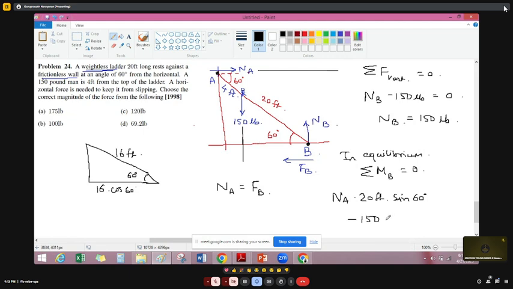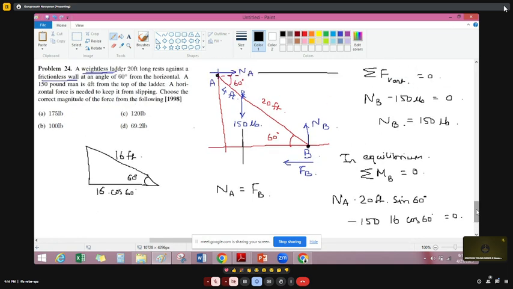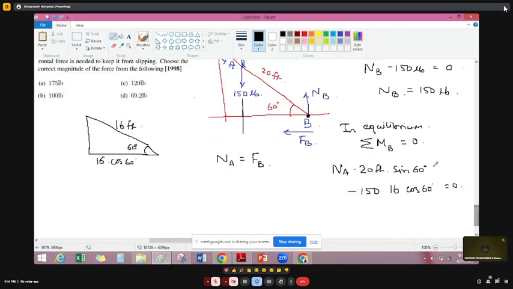So 150 into 16 into cos 60 is equal to 0. What happened to NB and FB? Because they pass through the point B, they become 0, because the perpendicular distance becomes 0.